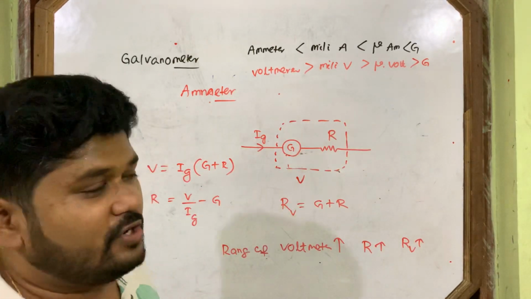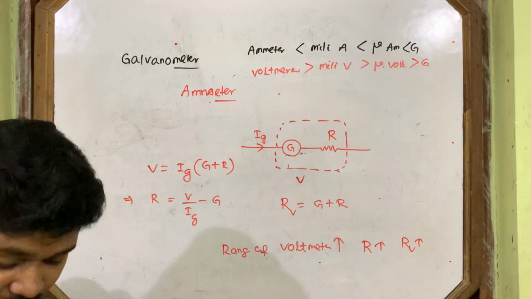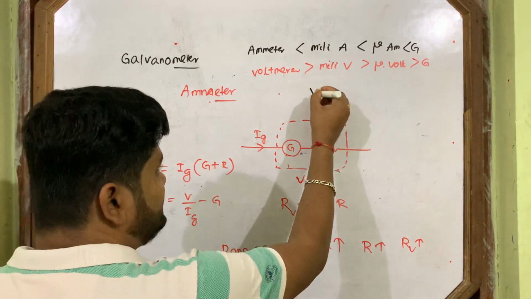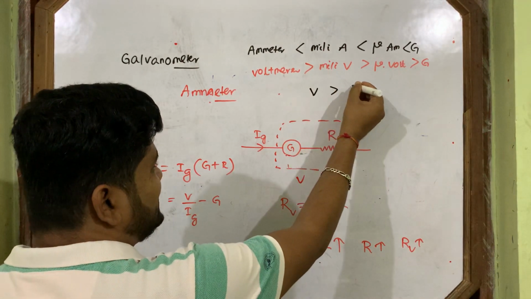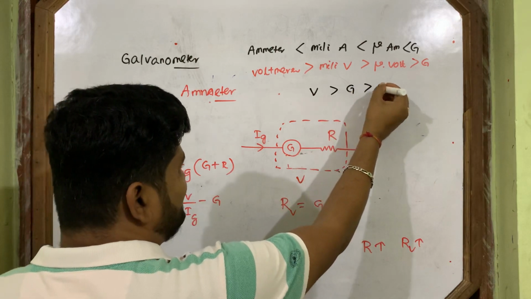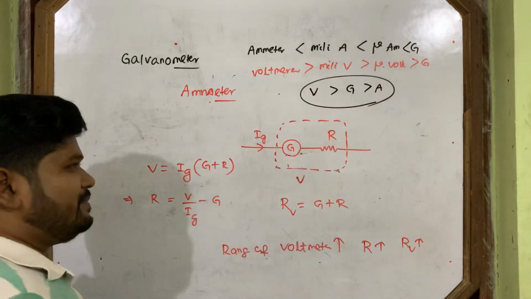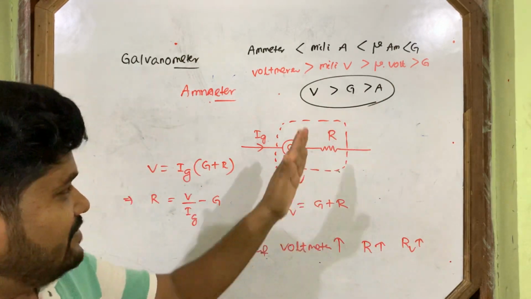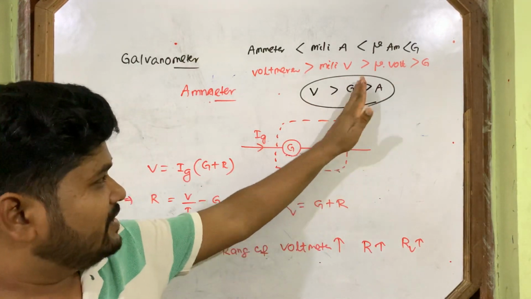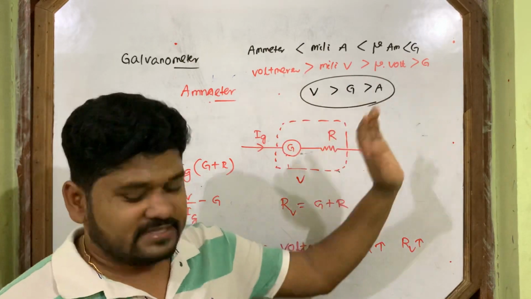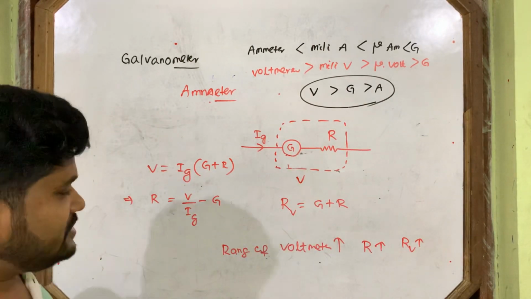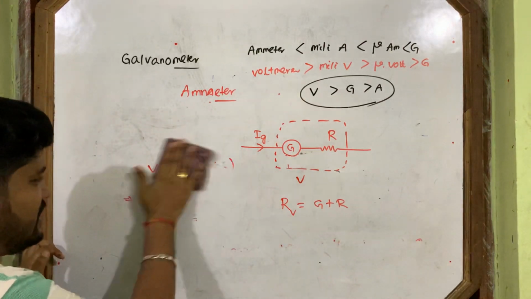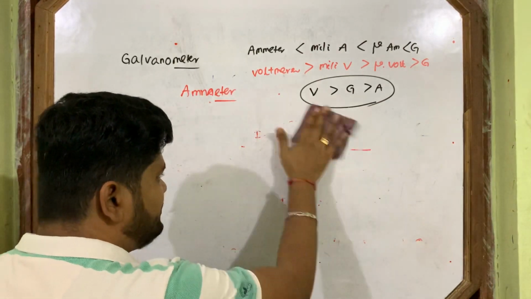If you compare the resistance between voltmeter, galvanometer and ammeter, voltmeter resistance is more than galvanometer, more than ammeter. The galvanometer is in the middle: resistance increases toward the voltmeter, and resistance decreases toward the ammeter. So this is about the conversion of a galvanometer into a voltmeter and ammeter, and the galvanometer part.